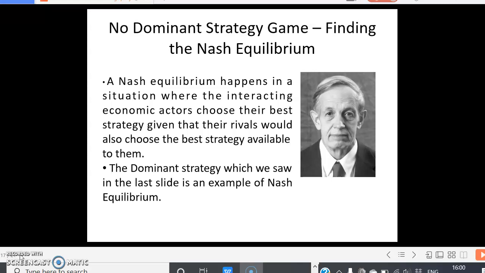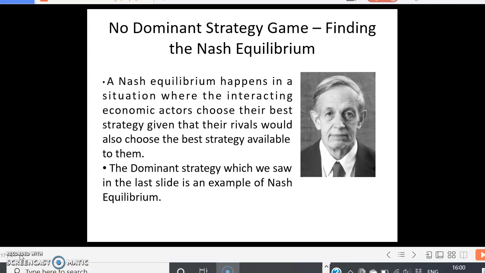So first of all, let us define what a Nash equilibrium is. As you can read, a Nash equilibrium happens in a situation where the interacting economic actors choose their best strategy, given that their rivals would also choose the best strategy available to them.